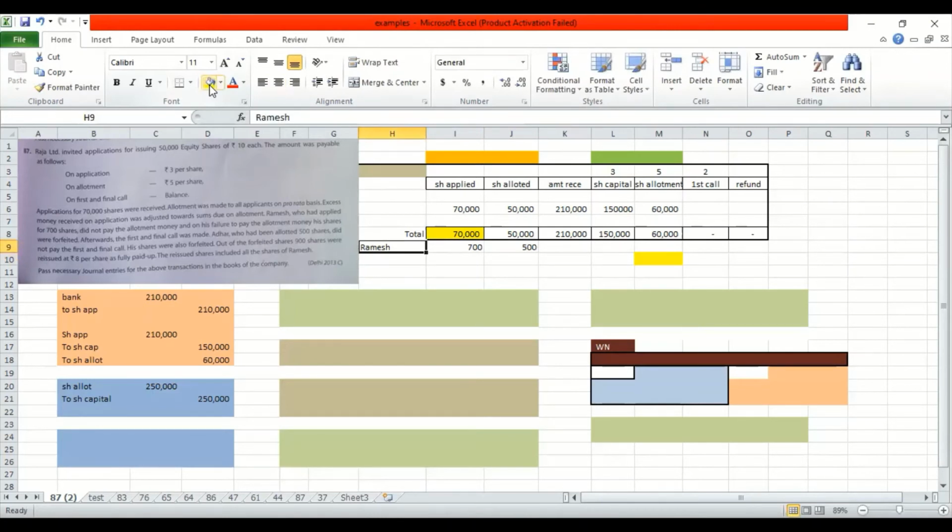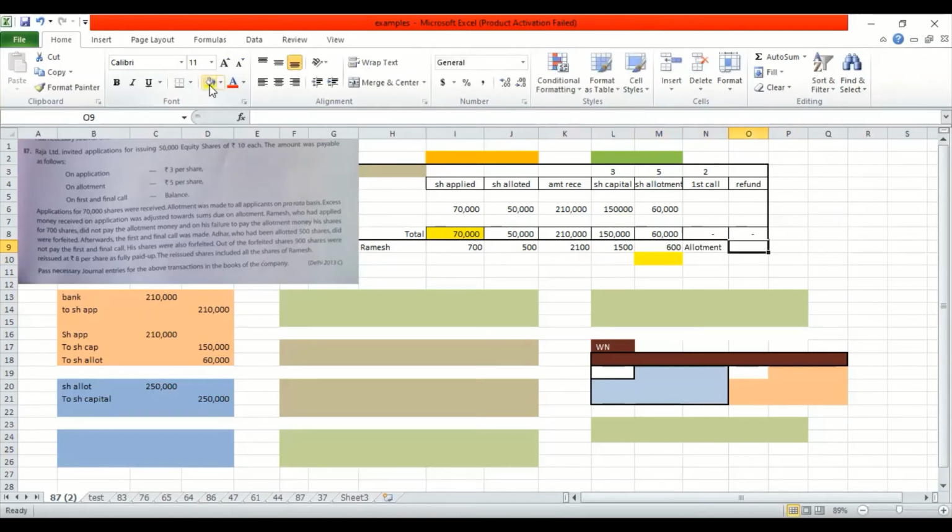And again, let's look into the other column. The amount what Ramesh paid you is 2100. The amount you should have taken is 1500. That means he paid you an excess of 600. This is the most crucial part of this sum. Now he paid you excess 600 at the time of allotment.